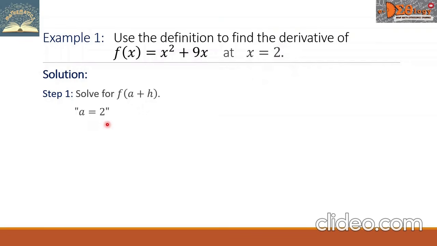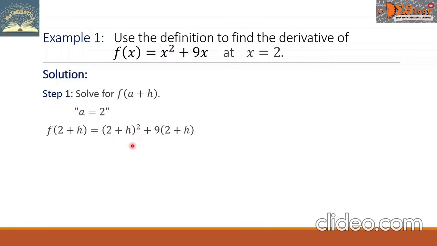So, a equals 2. That means in step 1, we need to evaluate f of 2 plus h. Consider our function here. We're going to change all the x on the right side by 2 plus h. So we have now the square of 2 plus h plus 9 times the quantity 2 plus h.